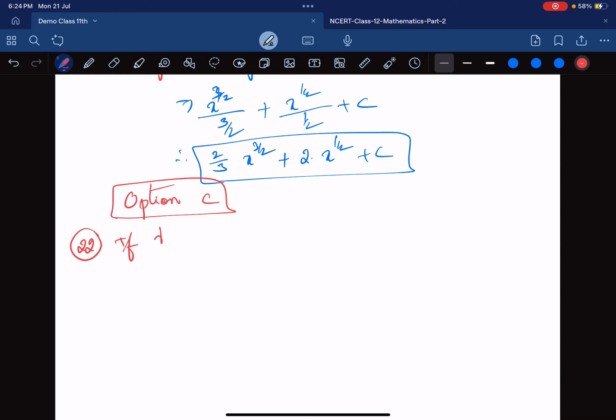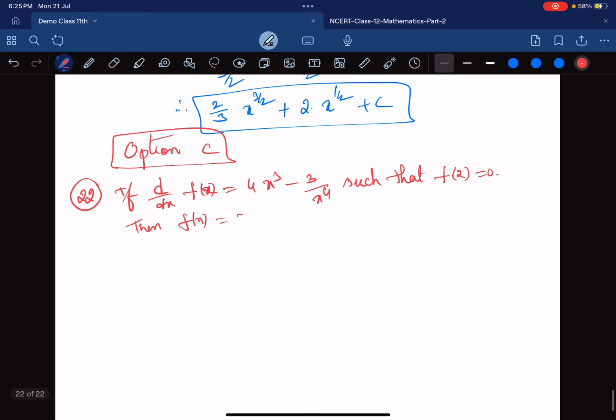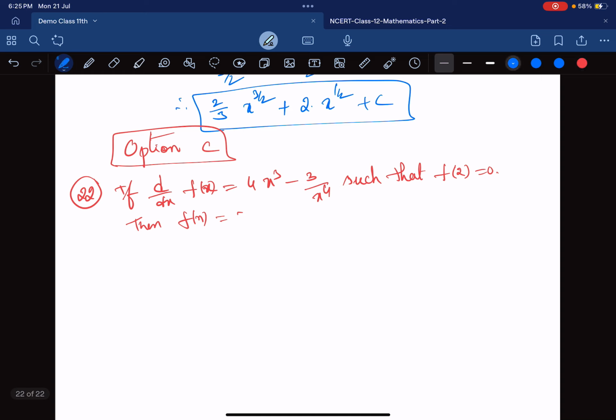Now 22. If d by dx of f of x is equal to 4x cube minus 3 by x power 4, such that f of 2 is equal to 0, then we need to find f of x. Here the derivative of the function is given. So f of x is equal to integration of 4x cube minus 3 by x power 4 dx.